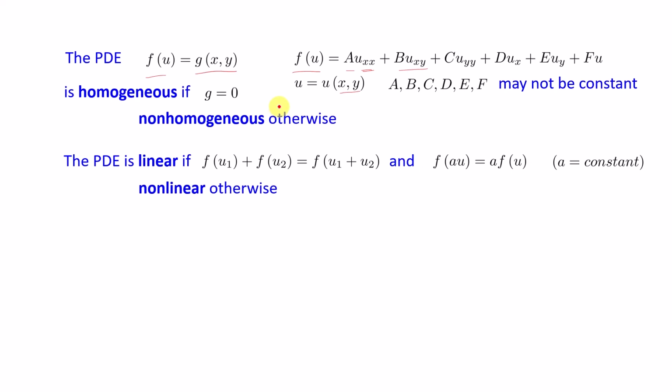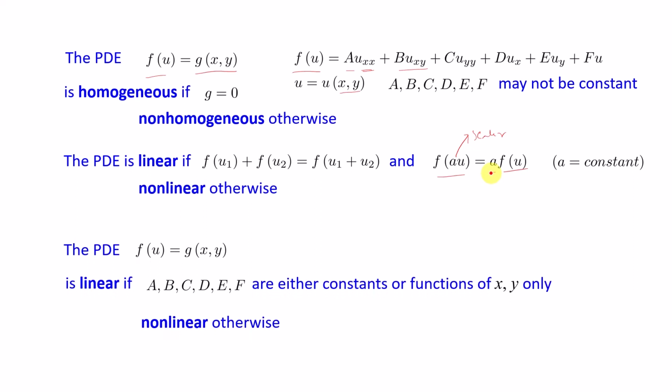This equation is linear if we have f of certain variable u1 plus f of another variable u2, if I add them up, I get f of u1 plus u2. And also, if I take this variable u and multiply with a scalar a, then f of au is equal to a multiplied by f of u. If this condition is not satisfied, then we call the equation nonlinear.